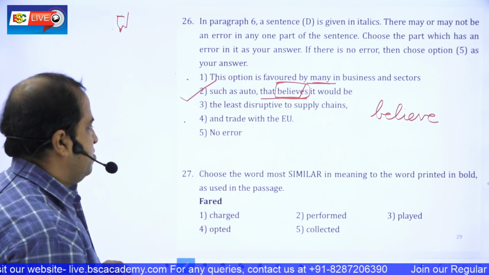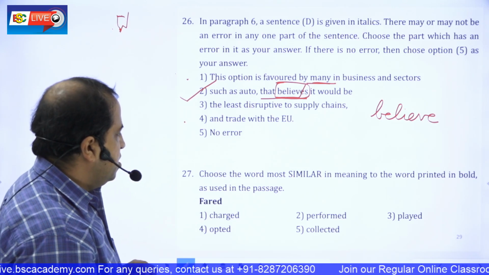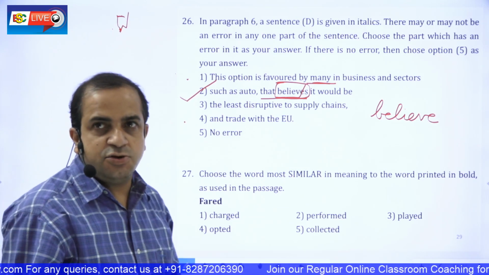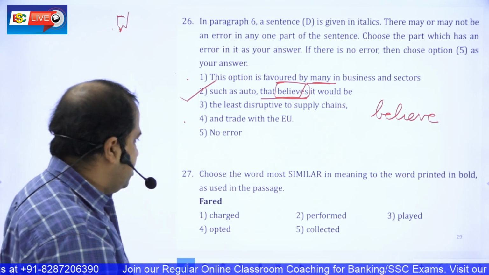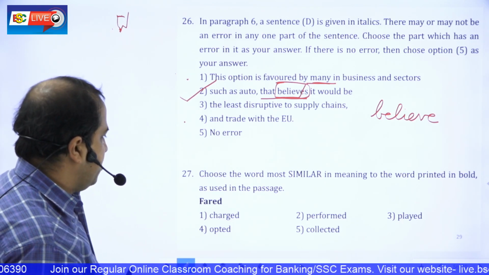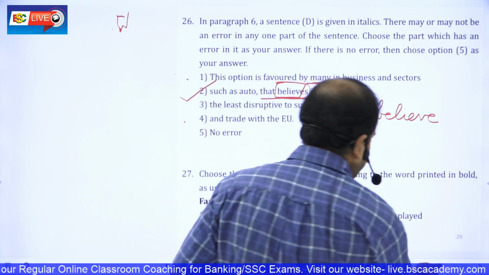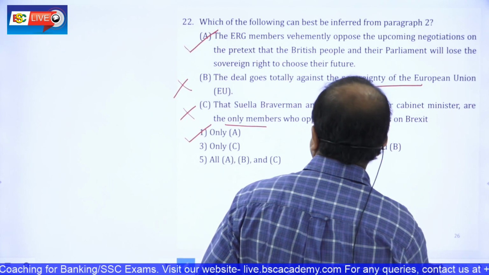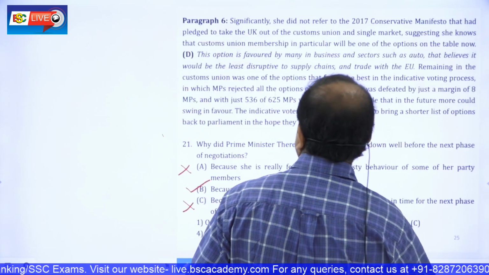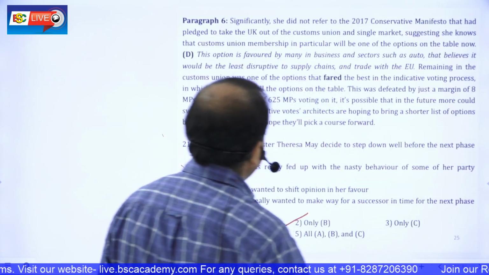Then we have question number 27. Choose the word most similar in meaning to the word printed in bold as used in the passage. Fared: charged, performed, played, opted, collected. Let us see how the word fared is used.